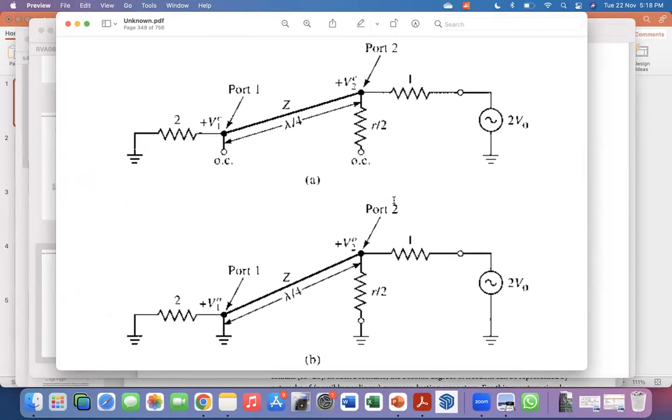This lambda by 4 will work at one particular frequency. Oh, yeah. Sorry, I forgot to mention that the very fact that we are using a lambda by 4 transformer here means that this entire operation will work perfectly at one frequency.